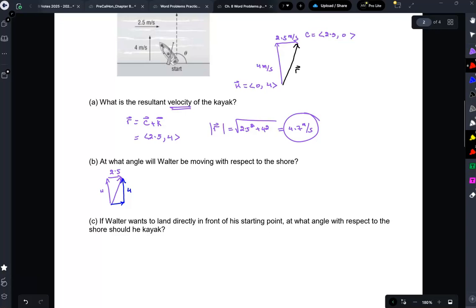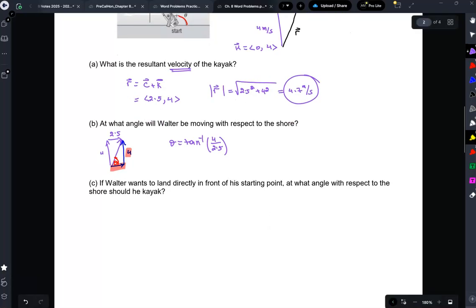And if I wanted this angle theta, because that's the angle from 0 with the shore, just like here, then what this will be is inverse tangent of 4 over 2.5. And you just have to plug that in your calculator. And it should be 58 degrees.